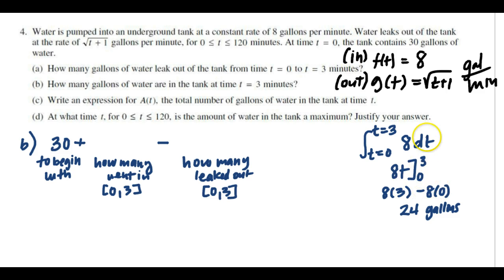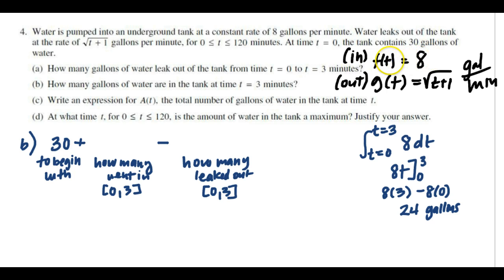And maybe some of you were thinking, well, I didn't really have to evaluate this integral. If this is just a constant, well, after 1 minute has passed, 8 gallons poured in, if this is in gallons per minute, and after 2 minutes have passed, well then 8 times 2, 16 gallons must be in there.